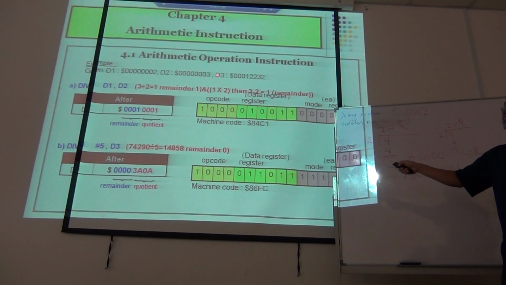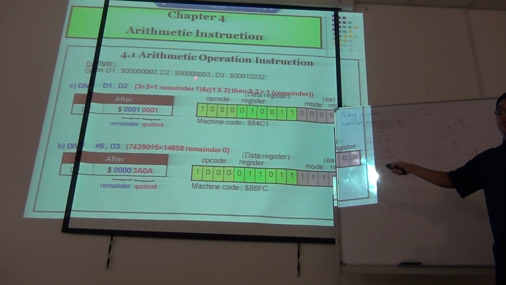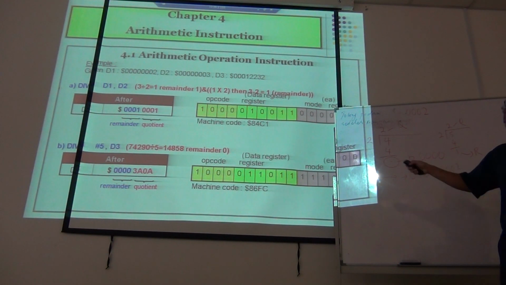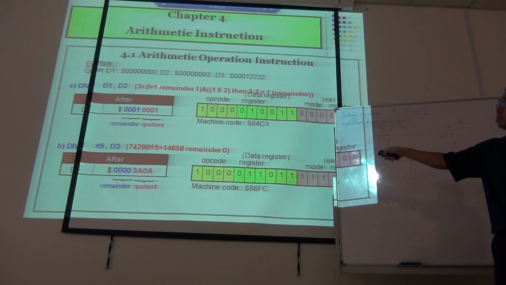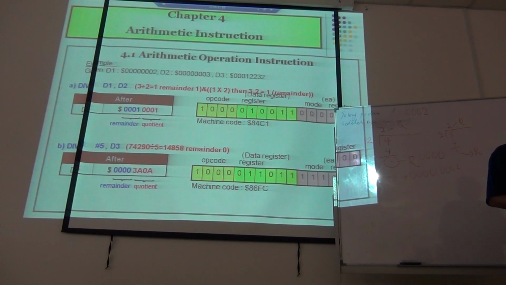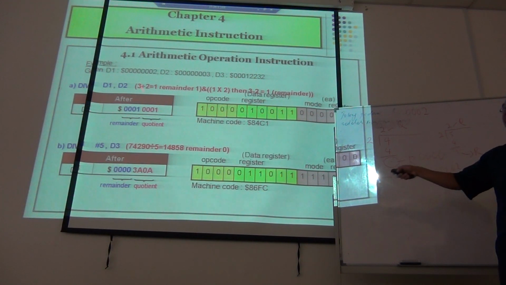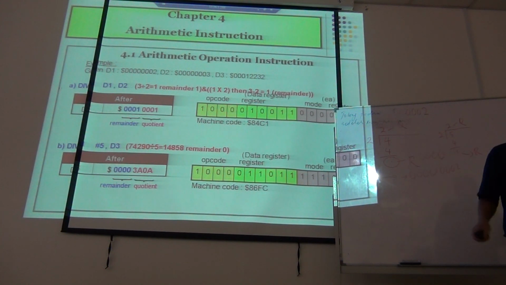D2 is given this number, 00000003, divided by only the word. The word is given from D1, this number 0002. Unsigned means positive, so it's very simple. 3 divided by 2, betul? So you have the answer 1 and the remainder is also 1. So the hex will be like this. In maths, very simple, small numbers. Then comes a big number. Big numbers are a problem.